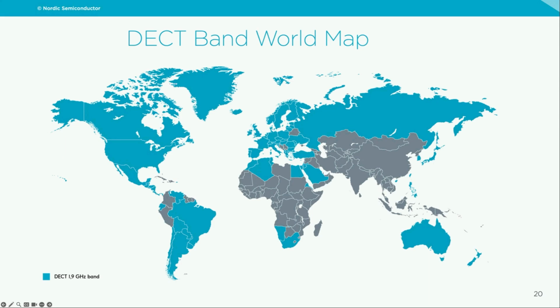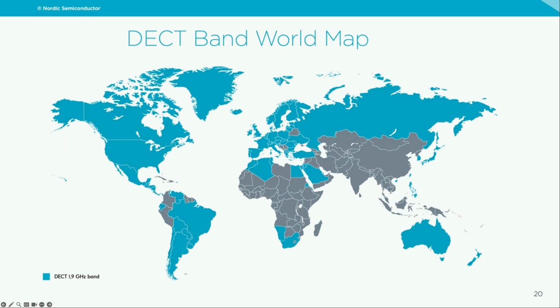So this will come in a product variant of the 9151, which is estimated now end of Q1 25. And some early access software is available end of this year. So that takes the DECT NR technology as it is and runs it on the 915 megahertz band in the US and Canada and Mexico.